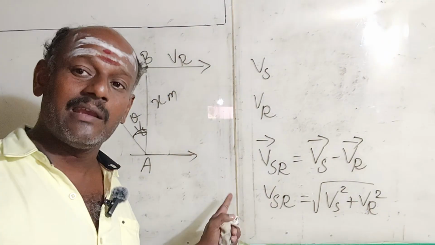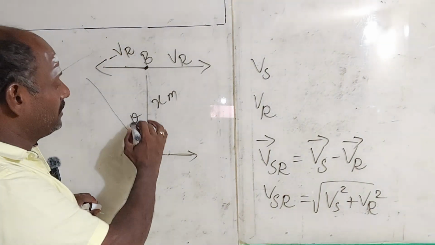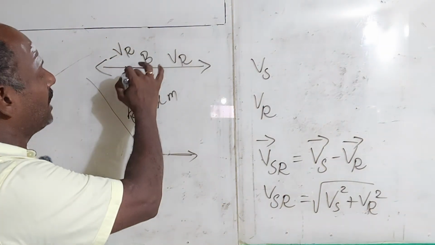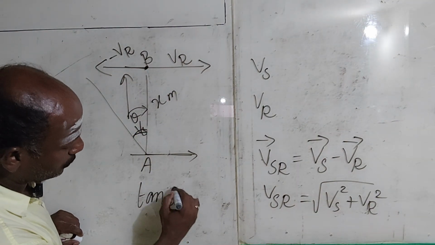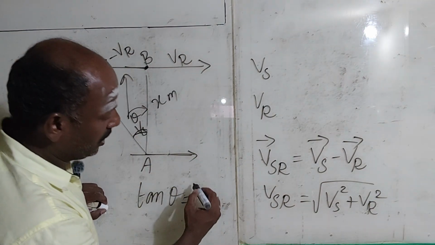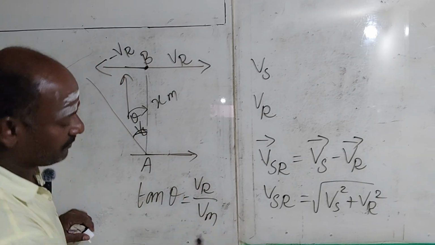And what should be the angle? The angle can be measured. This will be the theta, this will be the adjacent side, and this will be the opposite side. So tan theta will be equal to velocity of the river divided by velocity of the man.